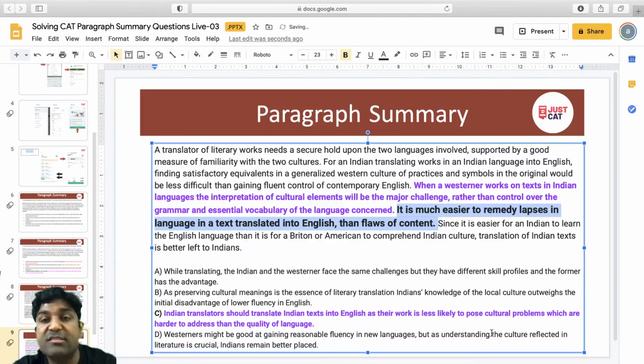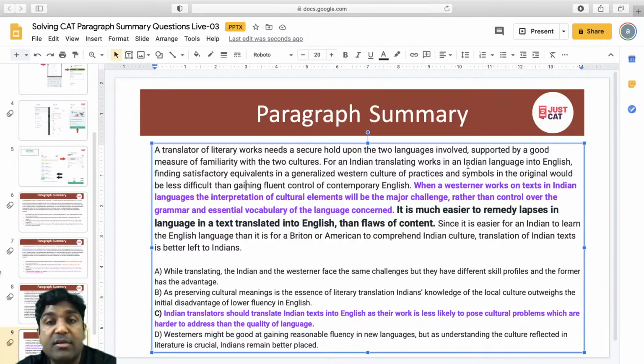It is much easier to remedy lapses in language in a text translated into English than flaws of content. This has been said here, and the same thing comes here.